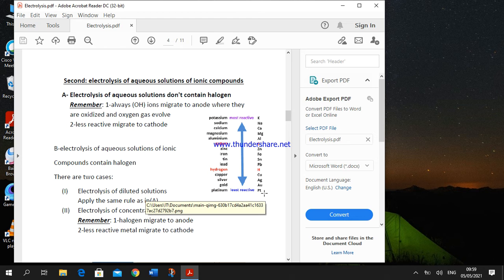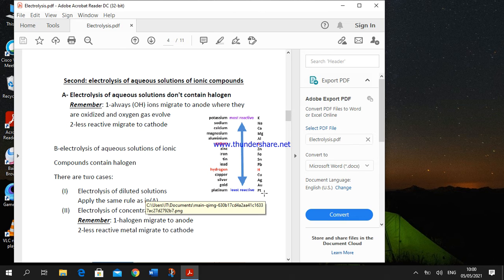If the negative ion is a halide or halogen, from group 17 in the modern periodic table, which includes fluorine, chlorine, bromine, and iodine, the halogen will be discharged. But if the negative ion is not a halogen, hydroxide negative ions will always be discharged, forming water and oxygen.